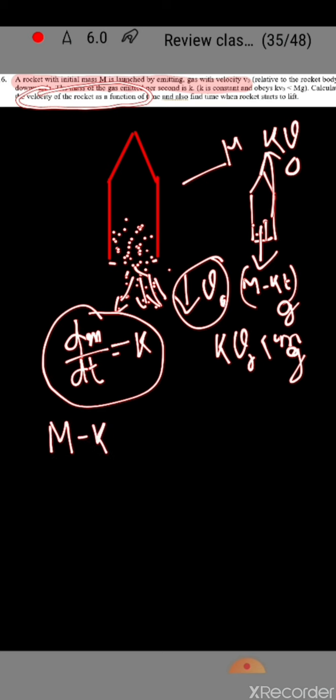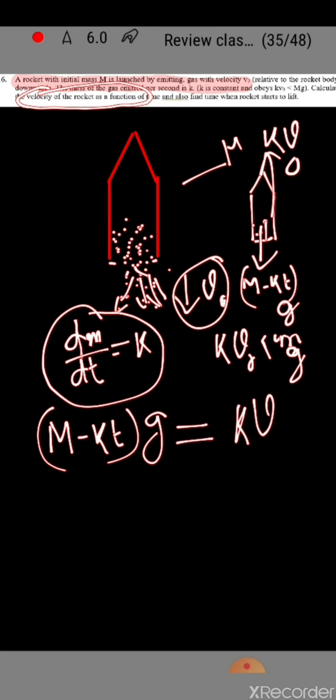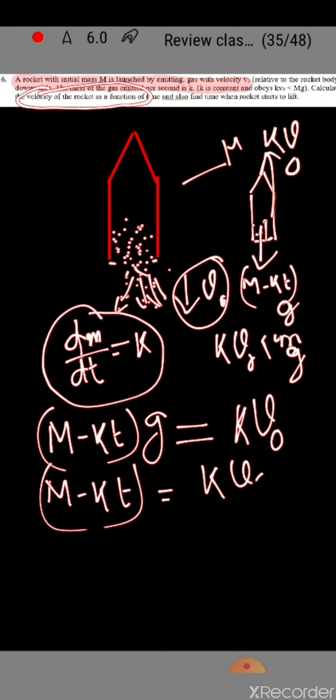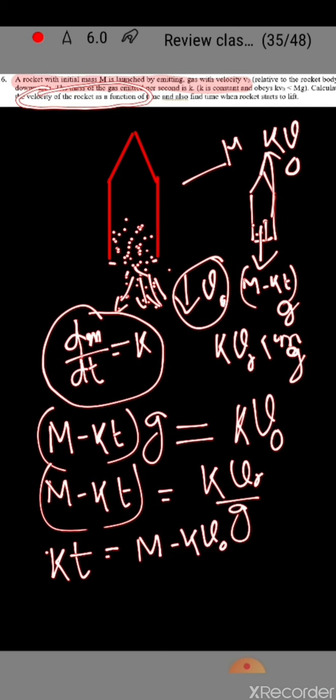So when will it lift? m minus kt into g has to be equal to k v0. For the first time it will start lifting off. So we have to calculate the time. m minus kt has to be equal to k v0 by g, or kt is equal to m minus k v0 by g.